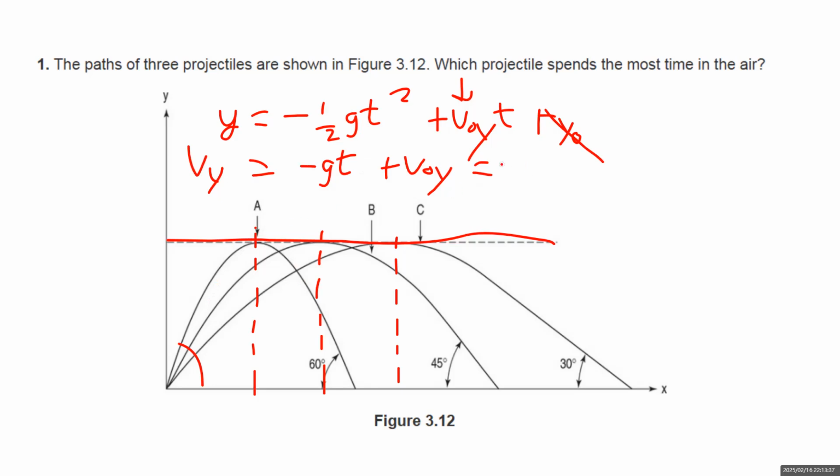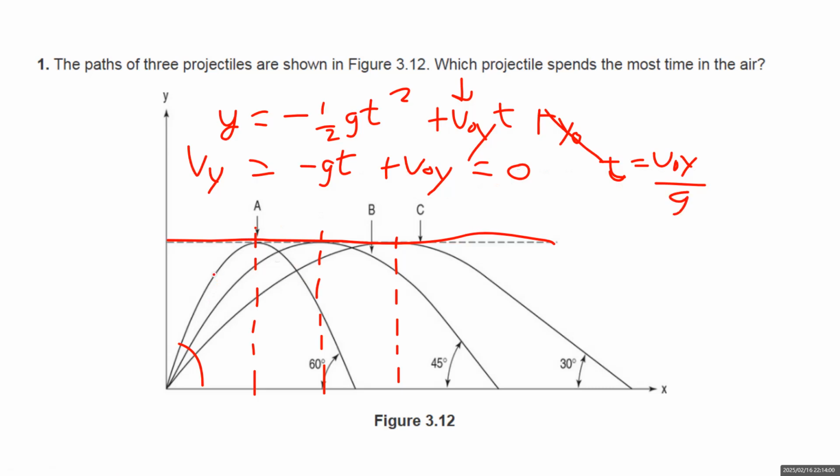And solving for t at the critical point, where v equals 0, t at the critical point is v naught y over g.